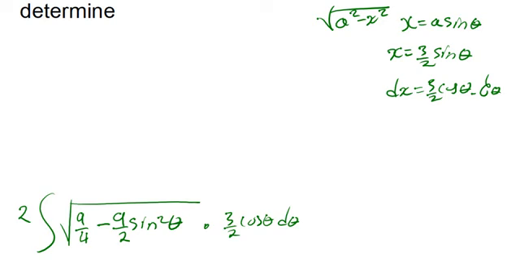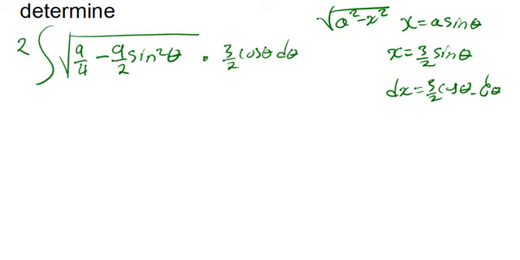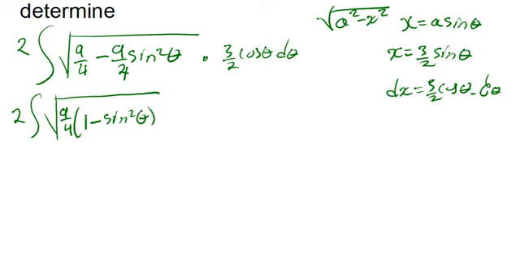This is similar to the other examples that we have worked on. At this point, I have my 2 here, then I can factor out the 9 over 4, in fact this is a 4, sorry, not 2. Then we have 1 minus sine squared theta, and 3 over 2 cos theta d theta.